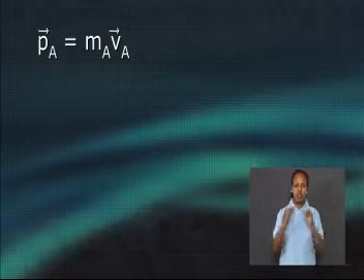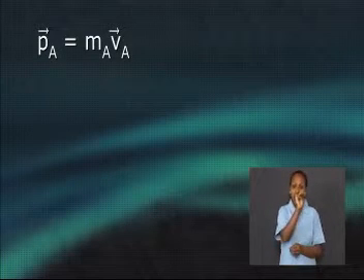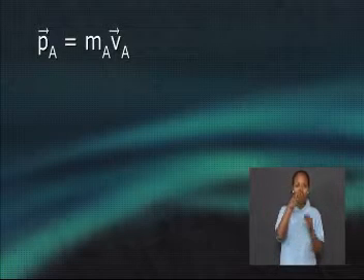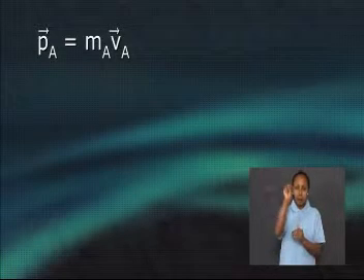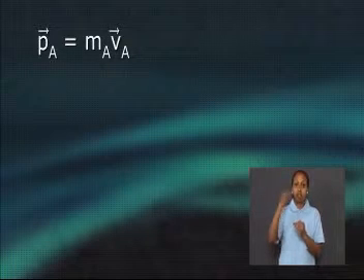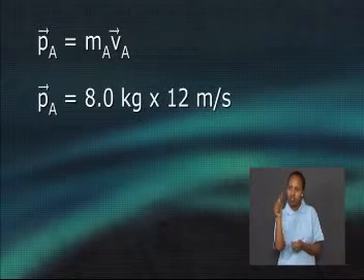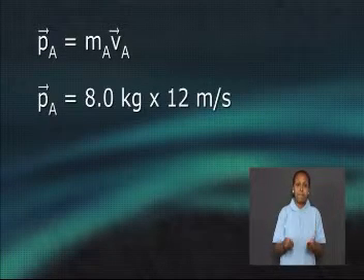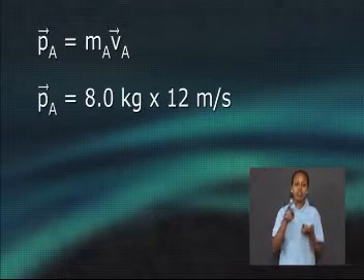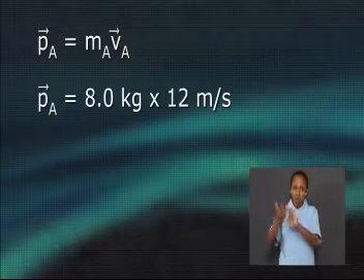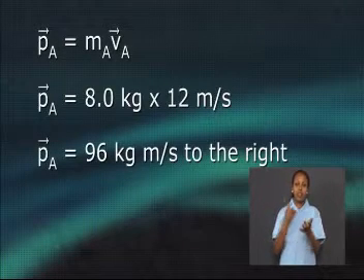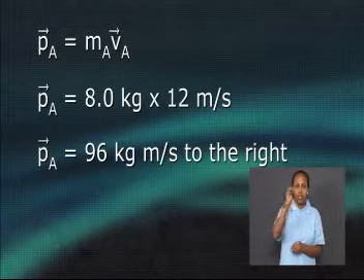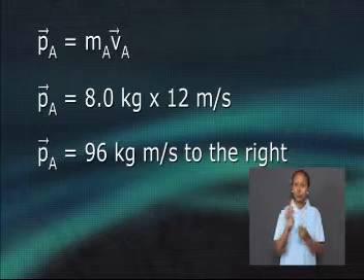To calculate the momentum, we use the equation P sub A is equal to M sub A times V sub A. We then substitute the values of mass and velocity belonging to the moving ball. Thus, the ball is moving 96 kilogram meters per second to the right.